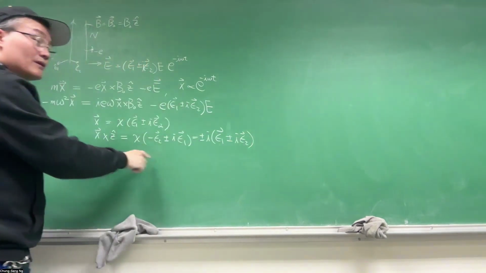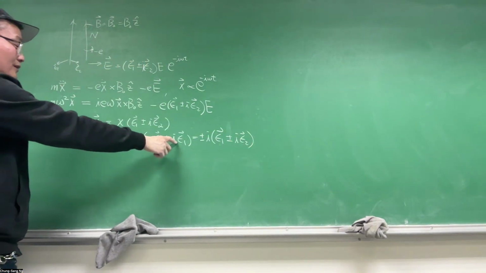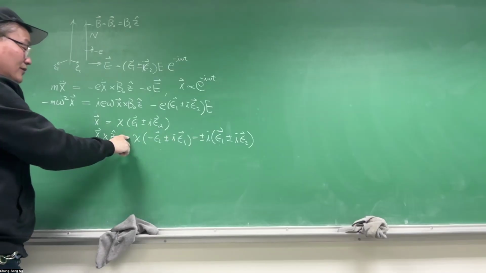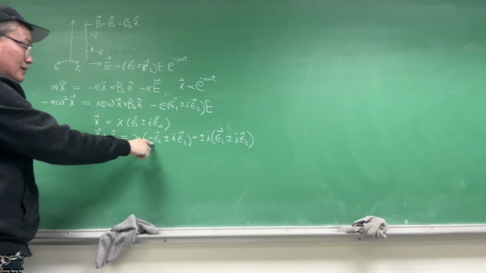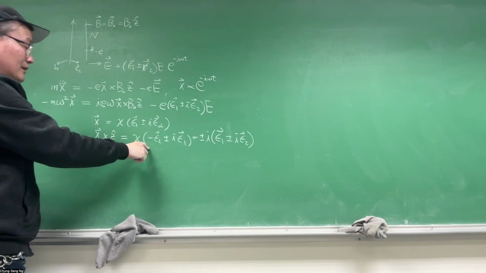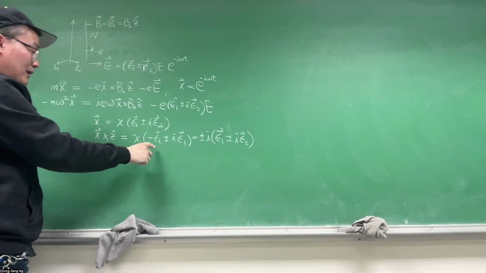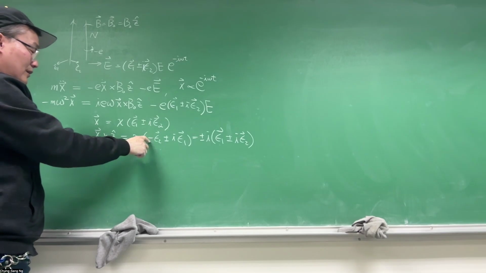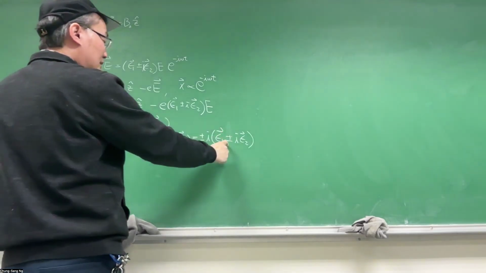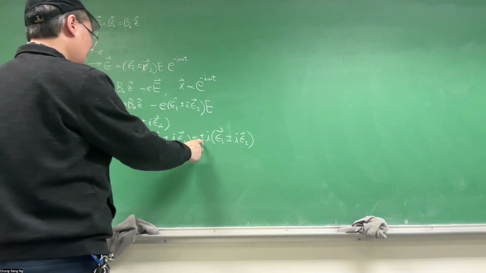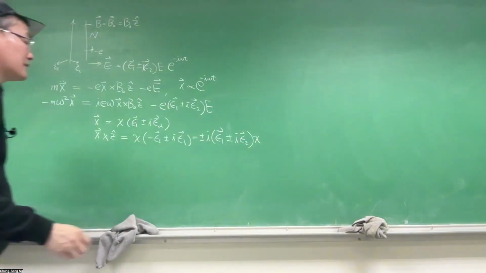Right, did I get it correct? Can you follow it? You basically pull out the plus or minus i over here, and the rest is divided by plus or minus i. Minus 1 divided by i is i, and the plus or minus is still plus or minus. Plus or minus i. Okay?